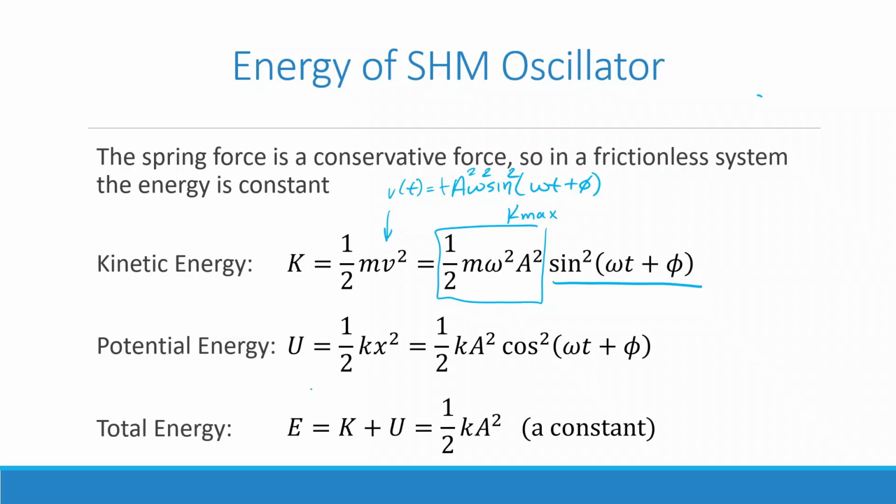With our potential energy, we're going to be using x of t. x of t is A cosine of omega t plus phi. So when you square that, you're going to get A squared and cosine squared. So we have, once again, a cosine squared function, and then our maximum elastic potential energy is 1/2 k A squared.